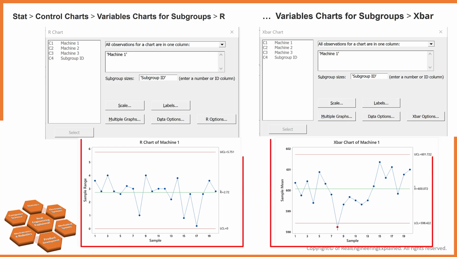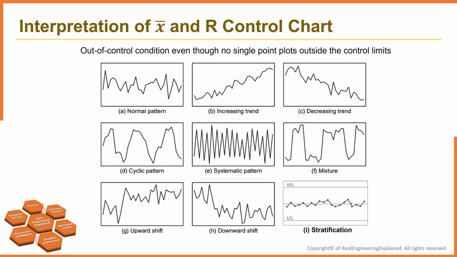Here are the results. We previously noted that a control chart can indicate an out-of-control condition even though no single point is outside the control limits, if the pattern of the plotted points exhibits non-random or systematic behavior.